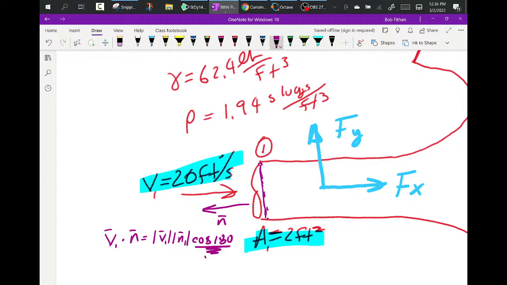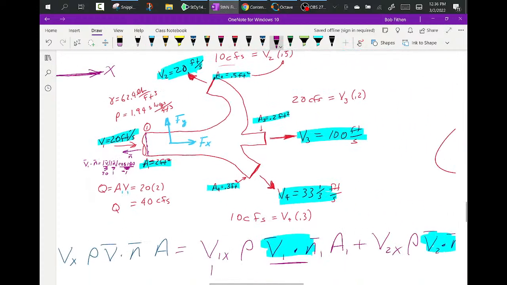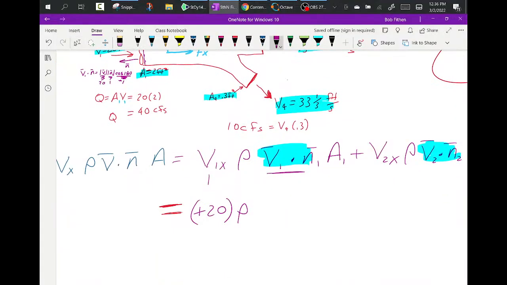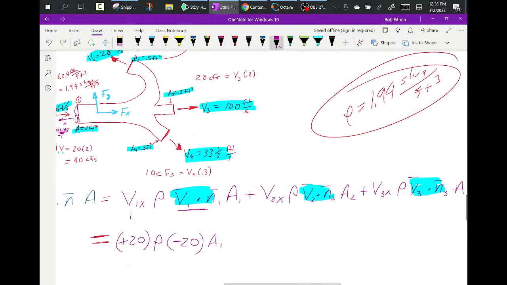This term becomes a minus 1. This becomes 20, this becomes 1. So what do you get? You get minus 20. And you can see I'm just carrying the A1 because that's not hard to determine.